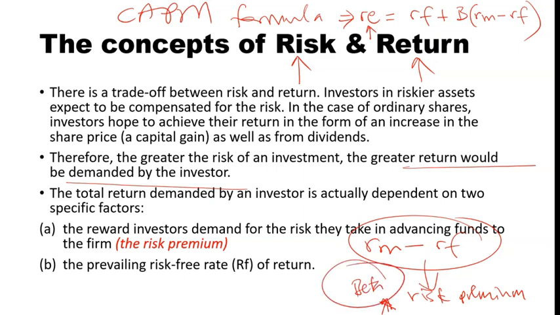The beta is the risk measure. This is a stock exchange metric that measures the risk of the portfolios listed on the stock exchange in general. So this is an average of all the risk put together.